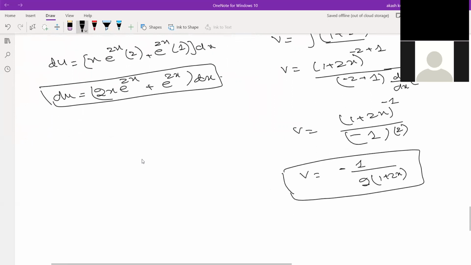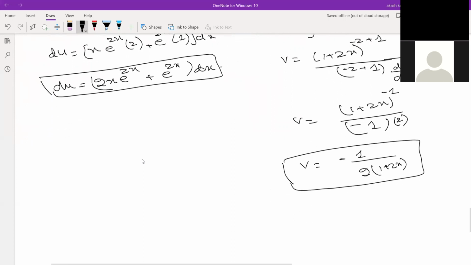Now substituting into the formula, it was uv minus the integral of v du.